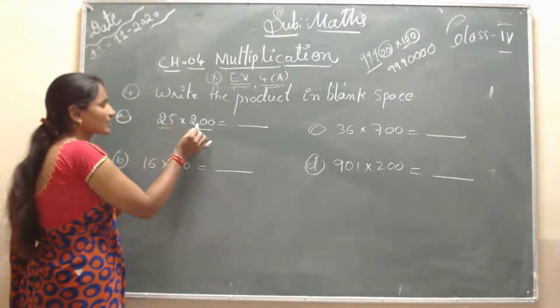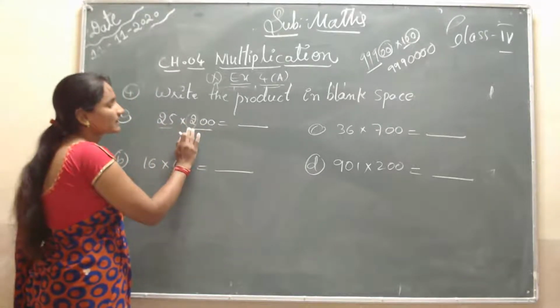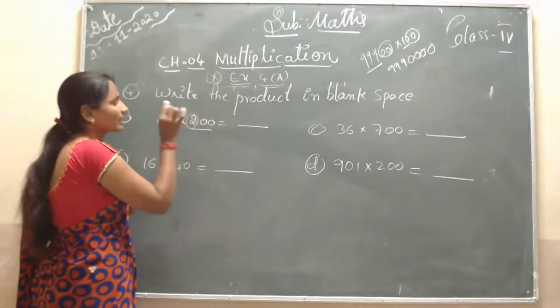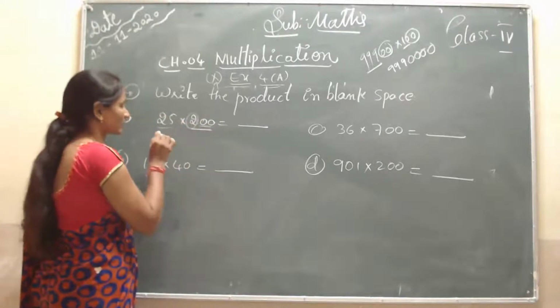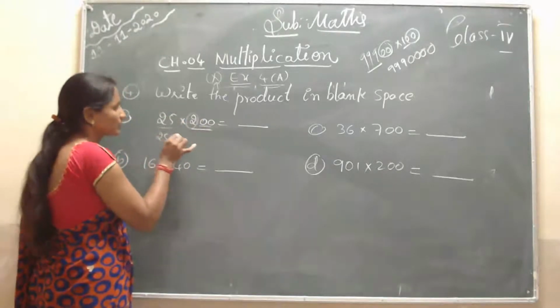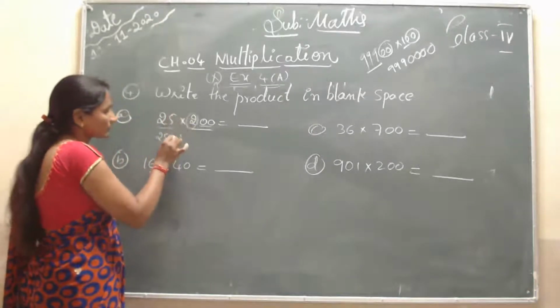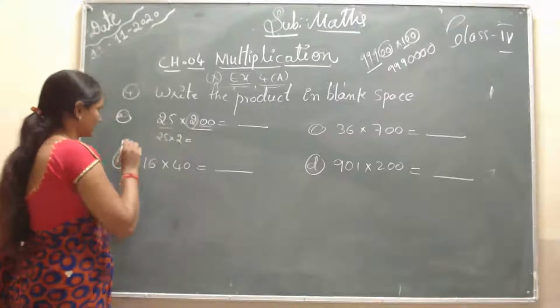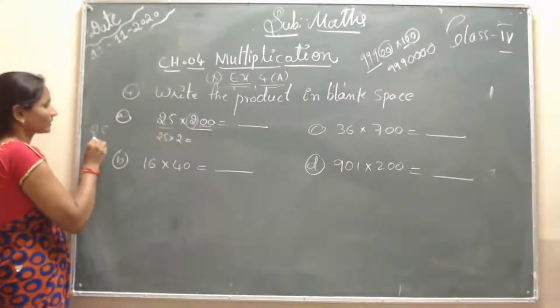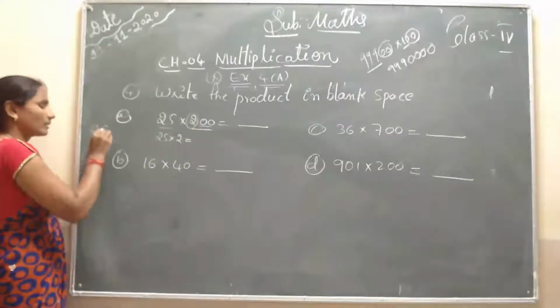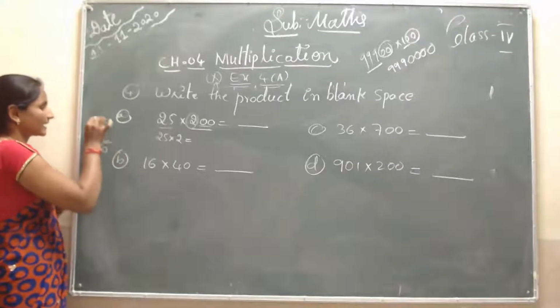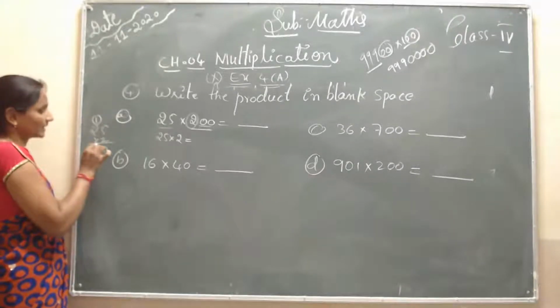So you know students, here what is the number? This is 3-digit, but you have to consider only the number. Here how many zeros? 2 zeros. So 25 into 2. You know that 25 into 2: 2 fives are 10, 2 twos are 4, plus 1, 5.